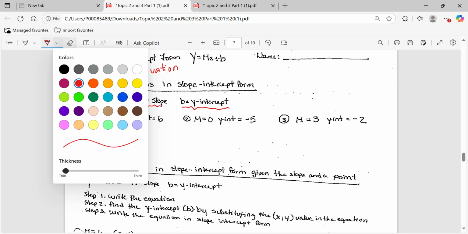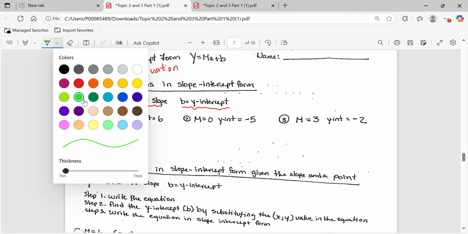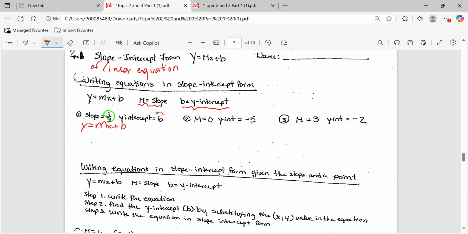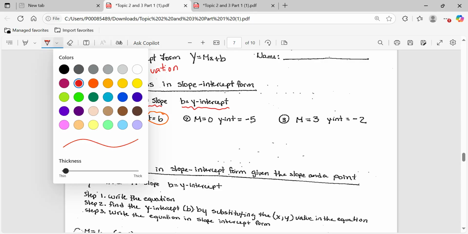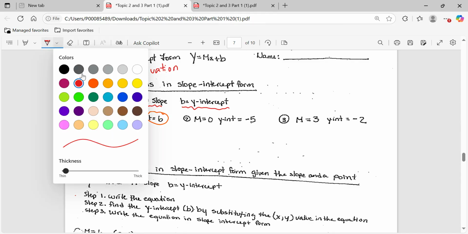So if the slope here is 1/3 and the y-intercept is 6, then y is going to be equal to the slope x plus b. So your slope, what color did I use?